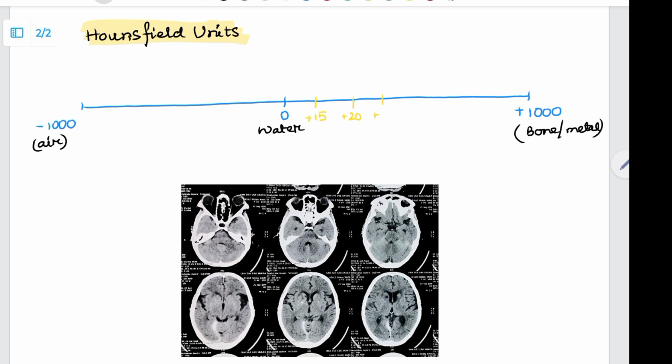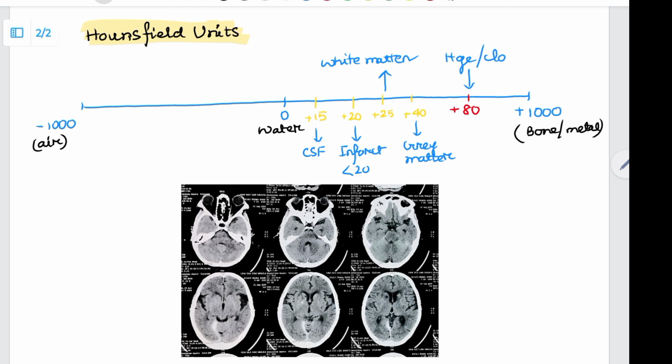So remember those values of plus 15, plus 20, plus 25 and plus 40 and also plus 80. So plus 15 is the density of CSF or brightness of CSF, plus 20 is that of infarct, plus 25 is that of white matter and plus 40 is that of gray matter, and plus 80 is the density of hemorrhage.